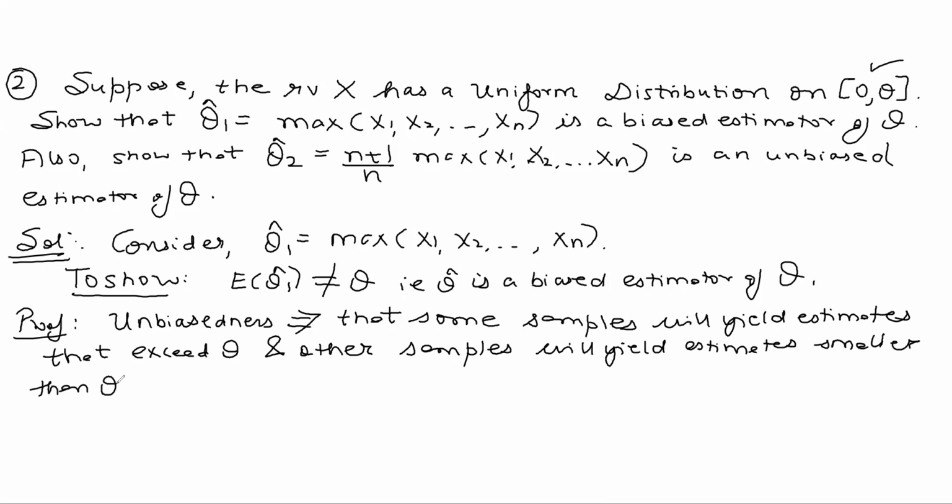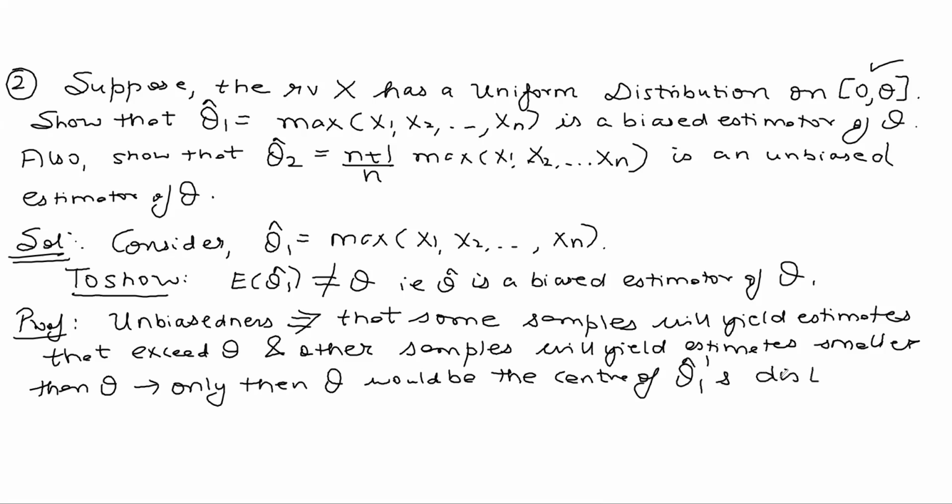So if we want expected value of theta 1 hat to be equal to theta, it means some samples should give you estimates that exceed theta, and some samples should give you estimates which are smaller than theta. Only then theta would be the center of theta 1 hat's distribution.